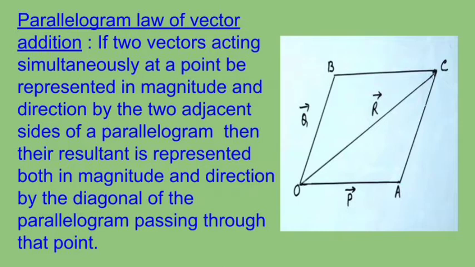See the diagram of parallelogram OACB, in which the adjacent sides OA and OB represent vectors P and Q respectively, and their sum or resultant vector r is represented by the diagonal OC which passes through the point of action O.